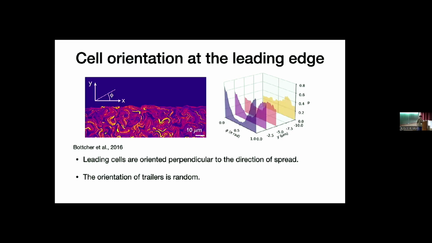This is a bit counterintuitive because, as I showed you, the cells move along their long axis, but they are oriented perpendicular to the direction of spread. I'll come back to this point. This sharp localization relaxes as y decreases, within 5 to 10 microns, about the size of a single cell.